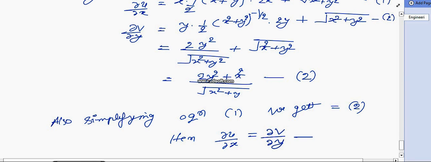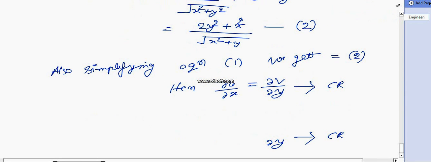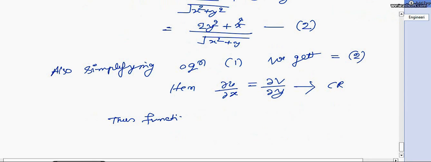So the first CR equation is satisfied. Thus the function is analytic.